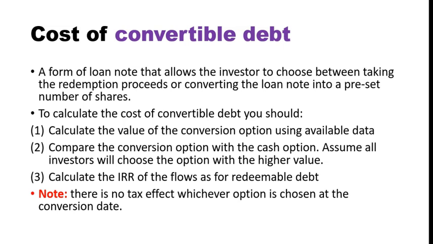The first thing, you have to calculate the value of the conversion option using available data, and then compare the conversion option with the cash option. Assume all investors will choose the option with the higher value, and then calculate the internal rate of return of the flows as for redeemable debt. Please note that there is no tax effect whichever option is chosen at the conversion date.